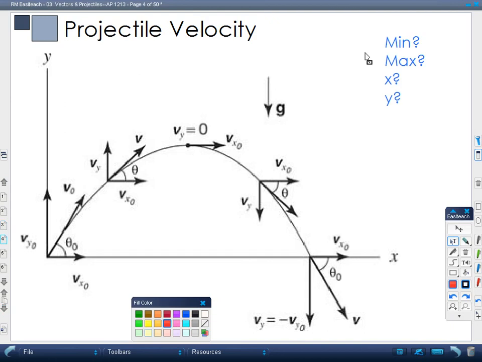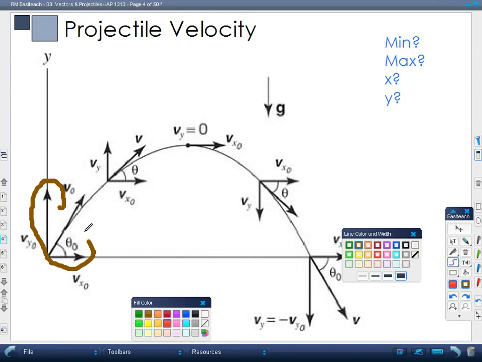Now, some key concepts about projectiles. This is a motion map of a projectile, and if you look closely, it's a vertical motion map and a horizontal motion map combined. Look at all these vertical velocities. You can tell I'm drawing with the mouse, so it's hard for me to circle this.